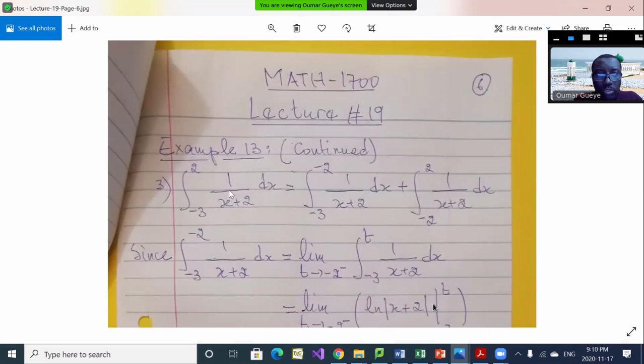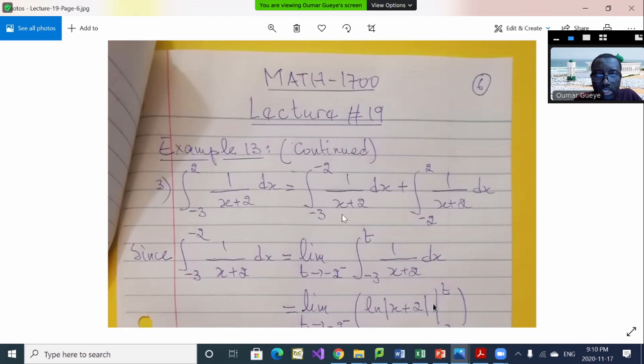All right, so as I mentioned before, we're going to split it into integrals, and I told you the reason. Because at -2, the function is undefined, and -2 is between -3 and 2. That's why I have to split it into integrals. And doing so, you guys will get 2 improper integrals.